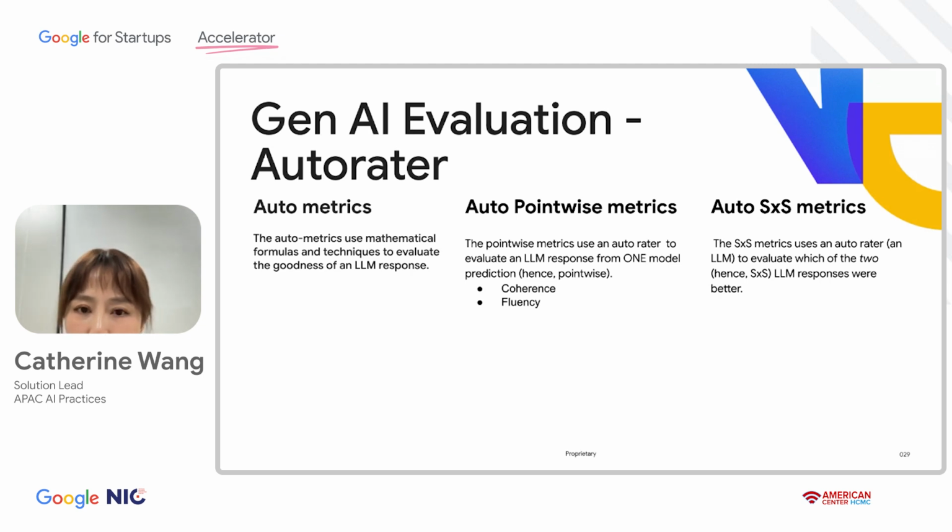The point-wise metrics is measuring the metrics that you define from one model to the other in a point-wise way of viewing it. The auto SxS, as I mentioned, is measuring 2 large language model responses as a batch.